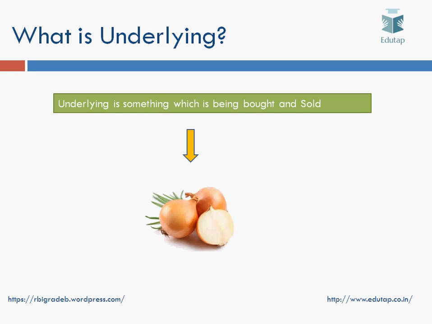But you may come across definitions on the internet or in books which say the underlying is a commodity. Commodity is a superset, and things like onions, potatoes, all the vegetables, or all the pulses are kinds of commodities. So any contract which has one of these things as its underlying can also be said to have an underlying which is a commodity.